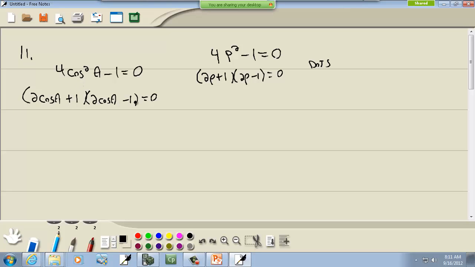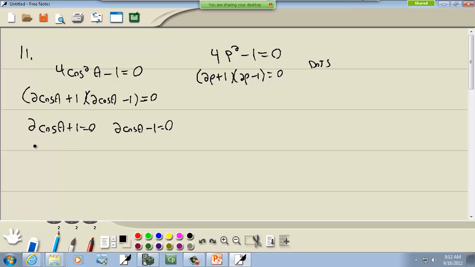So you can factor each one of these. Now from college algebra, you had the zero factor property. You get 0 one side, you factor the other side. Then you can set each one of these factors equal to 0. So set 2 cosine theta plus 1 equal to 0 and 2 cosine theta minus 1 equal to 0. And then these are now like the problems we just looked at.